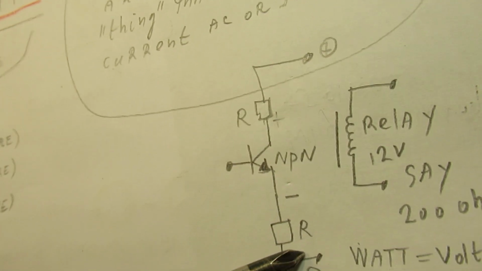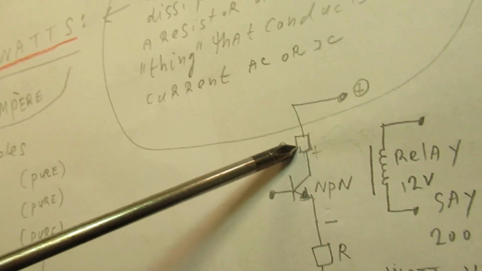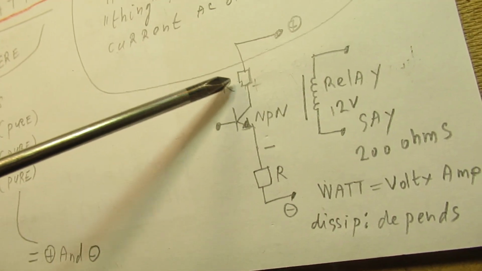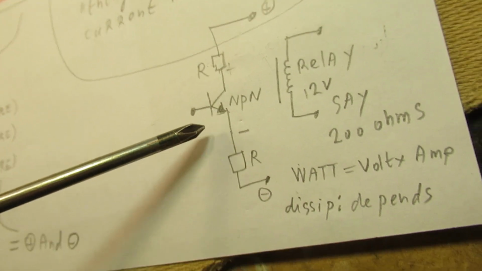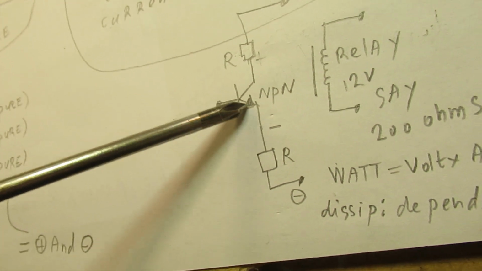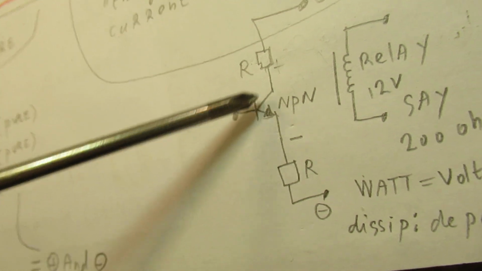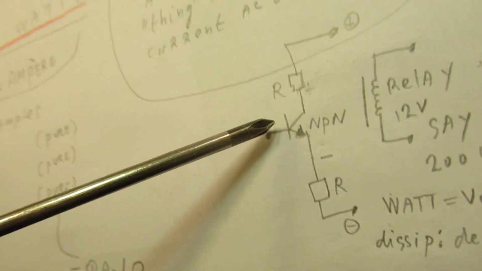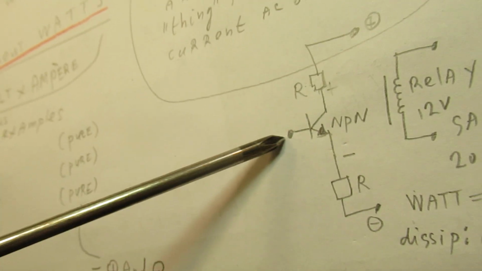So the heat dissipation, when you use Ohm's law here and also the calculation in watts terms. I have to say, of course, that there is a certain ID given when the transistor is switched into saturation. So in this case, the maximum current that can flow, sorry, from the positive to the base.